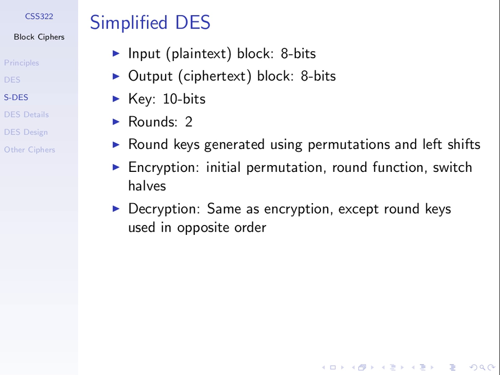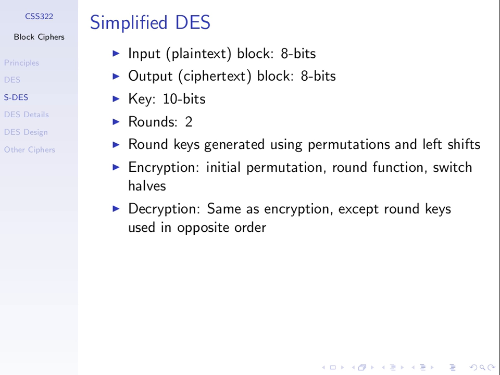another round. And decryption is in fact the same as encryption, exactly the same steps, but we use the two round keys in the opposite order. That is, we start with a 10-bit key. We're going to generate two round keys. When we encrypt, we'll use round key 1, round key 2. When we decrypt, we'll use round key 2, then round key 1.